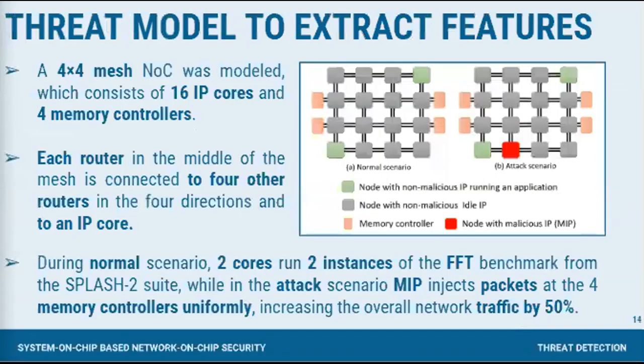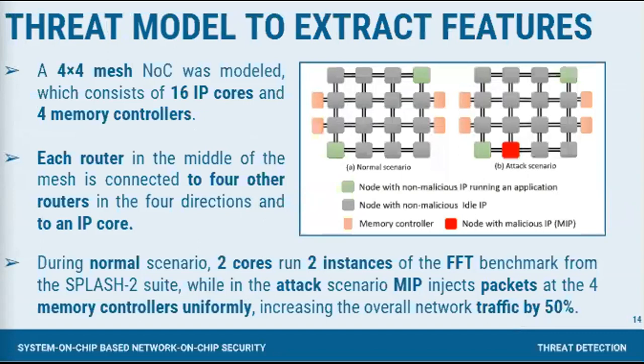So this is the threat model that I have used in detecting denial of service attacks. There's a node, same as the IP router. There's a node with a malicious IP in an attack scenario, and in a normal scenario there's not.